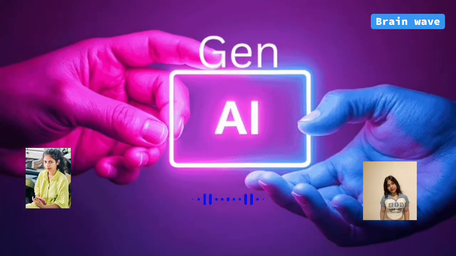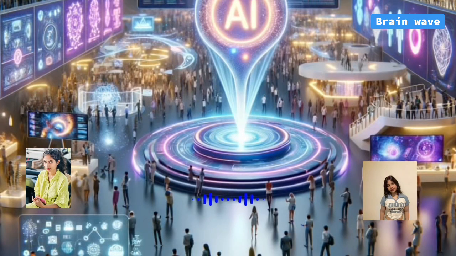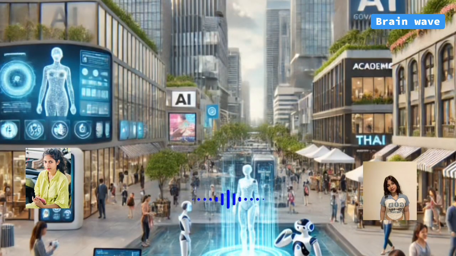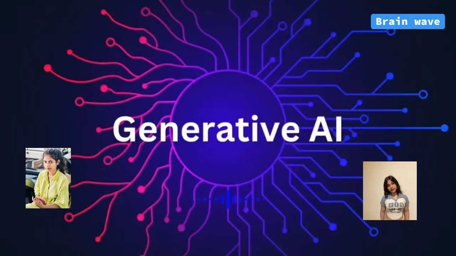Time to peek behind the curtain. Don't worry, we won't drown you in math. Generative AI uses something called neural networks, inspired by the human brain. They have layers of neurons that process information.